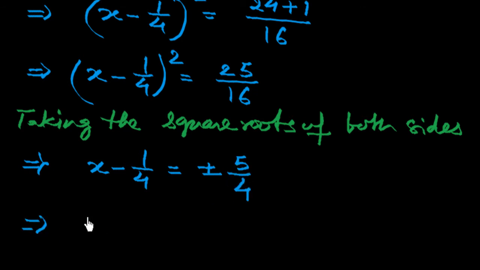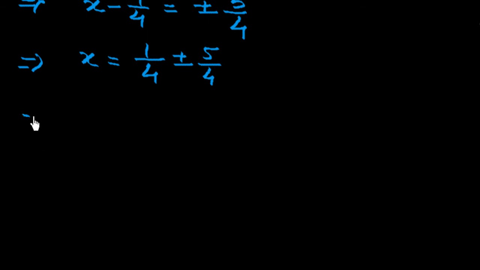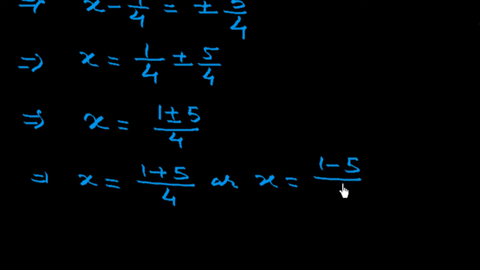So we get x is equal to, transferring minus 1 by 4 to the other side, 1 by 4 plus minus 5 by 4. See what happens now? x is equal to 1 plus minus 5 over 4. Now first we take the positive sign, later the negative sign, and find the roots. This implies x is equal to 1 plus 5 over 4 or x is equal to 1 minus 5 over 4.